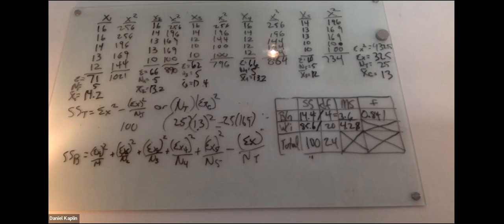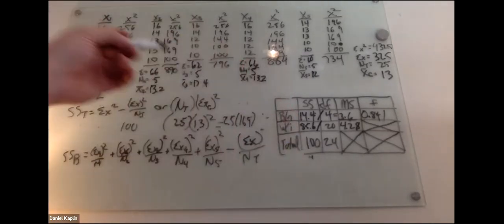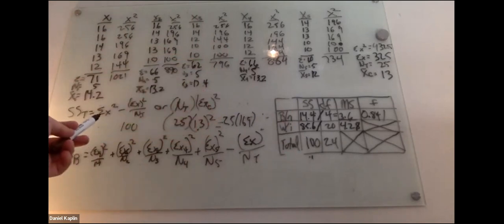We are going to get 25 times 169. We're going to get 4225, right? Interesting. 4225 minus 4325 gets us the same 100, right?